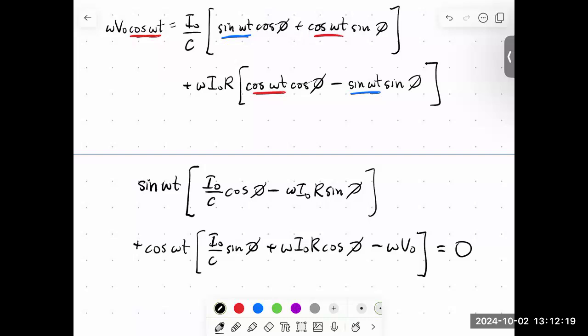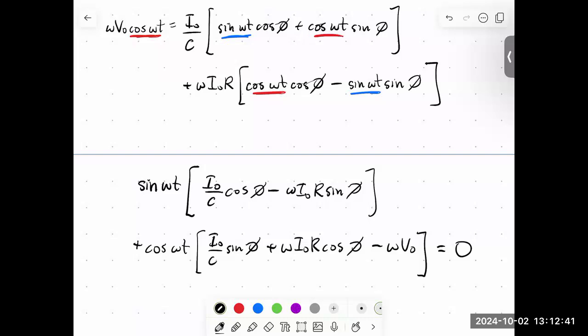I could pick a time, say t equals 0. When t equals 0, cosine is 1, sine is 0. So this is all going to vanish, and this is going to become a 1. And it still has to be true that the stuff in these brackets has to equal 0.